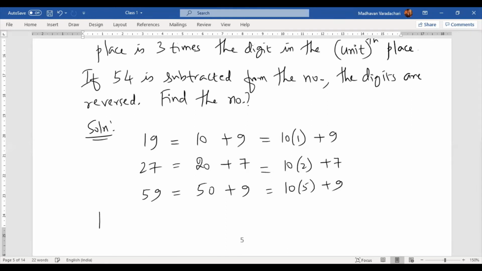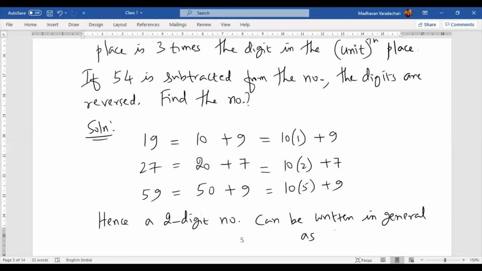So I can say, hence, a two-digit number can be written in general as 10 times x plus y, considering y and x as variables.